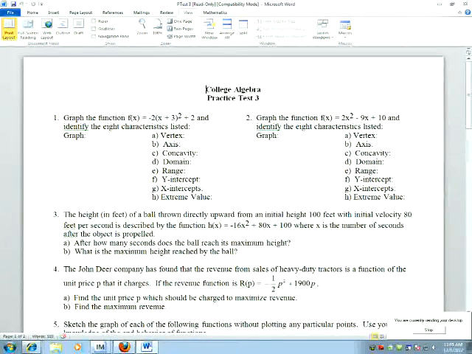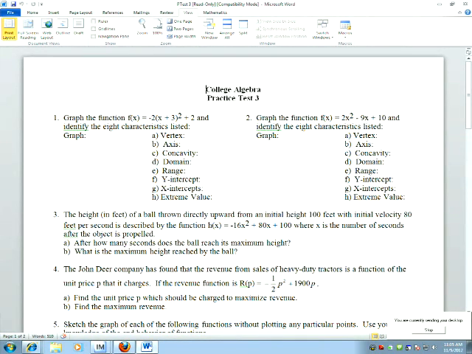Both of them are concave down parabolas, so they do have maximum values, and they're at the vertex. So I could take all the words out and just say, find the vertex, and that would be the same question as number 3.